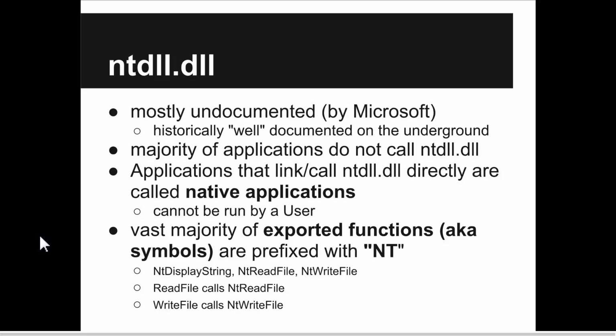And likewise, WriteFile calls NTDLL's NtWriteFile. It's pretty straightforward. You can imagine why, even though they left NTDLL undocumented, it's pretty easy to figure out what's going on, because things are so verbosely named.